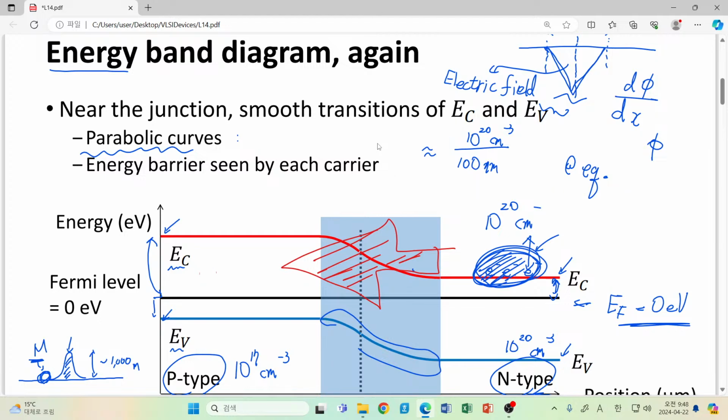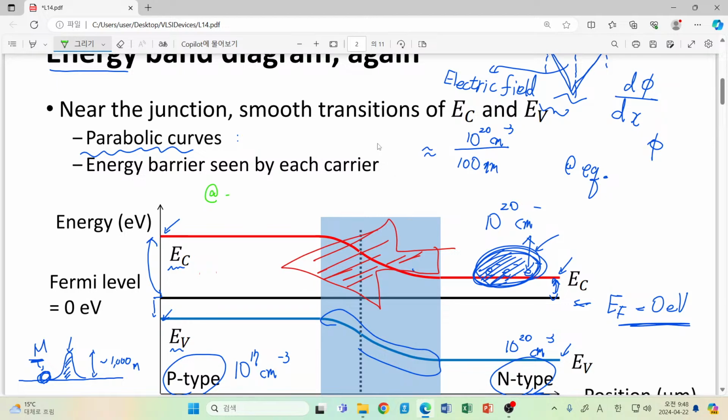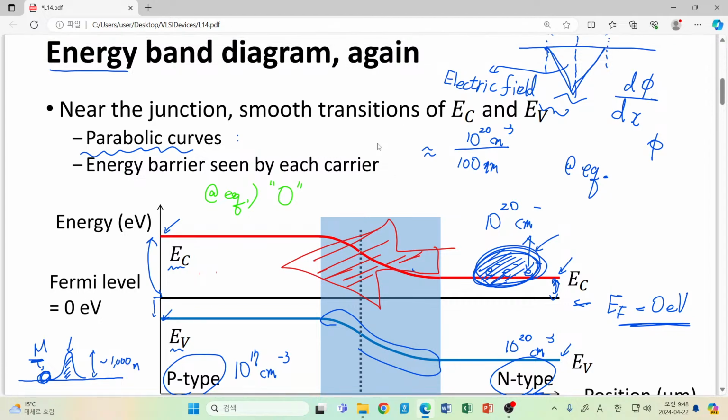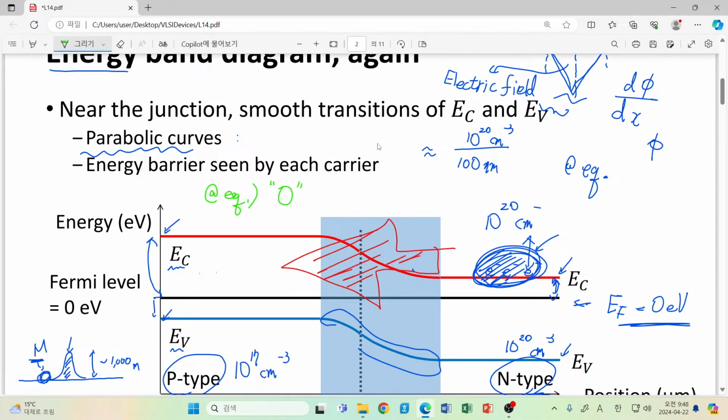So please note that at equilibrium, I'm just repeating my previous argument once again. At equilibrium, we have zero current. Yes, we have zero current. But please note that vanishing current was not obtained quite naturally. That was obtained by a delicate balance between our drift term and diffusion term.